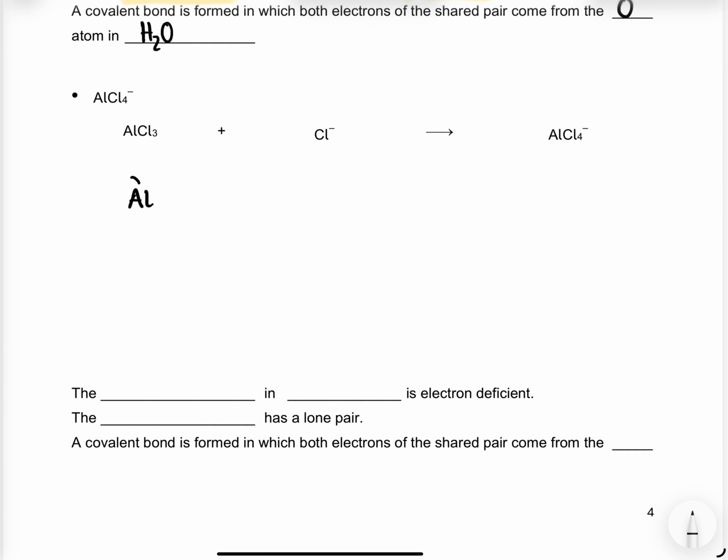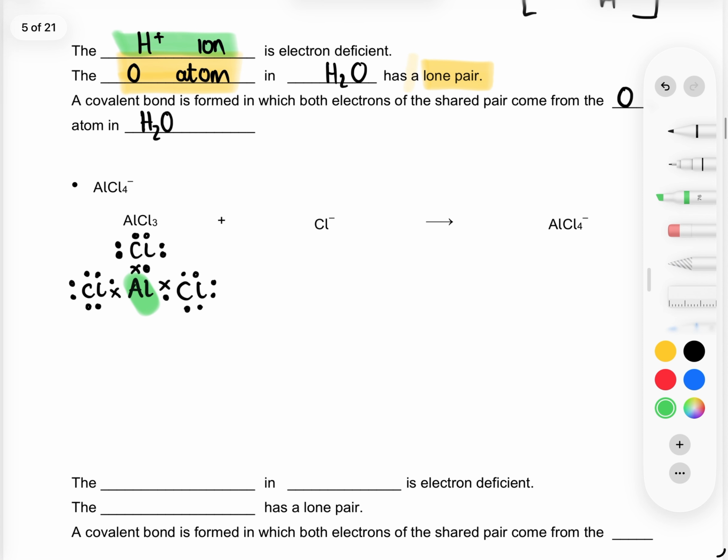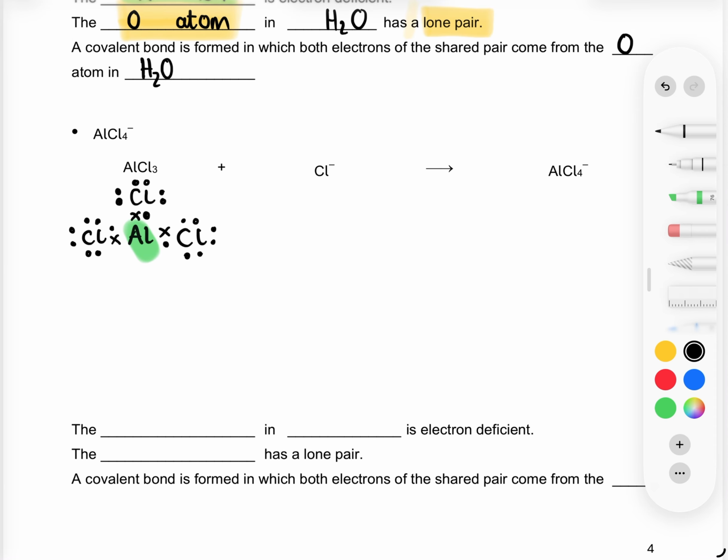So aluminium's in group 3, 1, 2, 3, and it's going to form regular covalent bonds with 3 Cls. And we can see that it's electron deficient because it's got a gap down here that can fill with some more electrons.